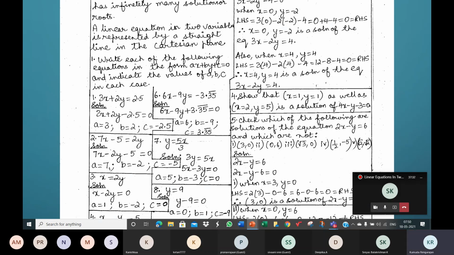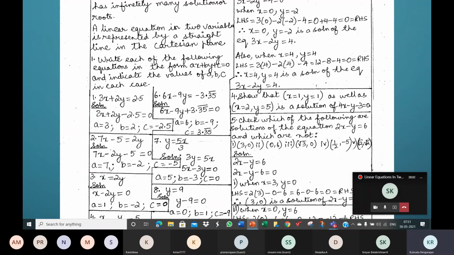So in that sense, say 5x is equal to 3. 5x is equal to 3 can be written as, you must have a book and a pen with you, children. My pace is slow, so you have the time to write down in your book and understand.